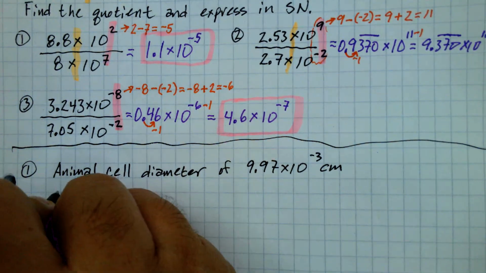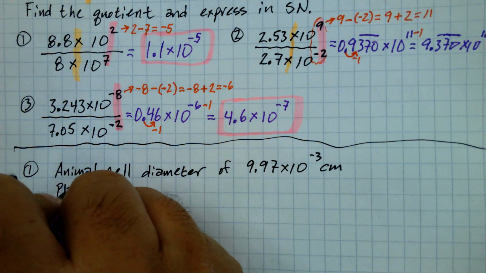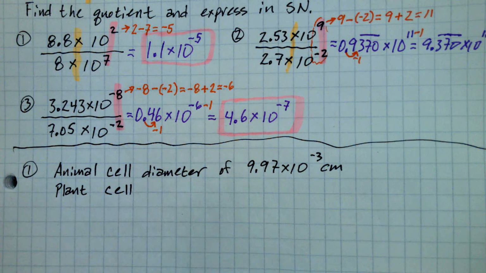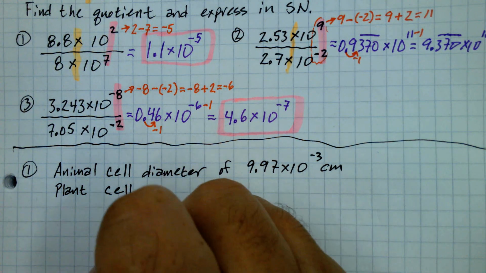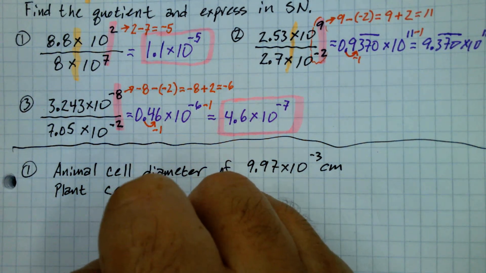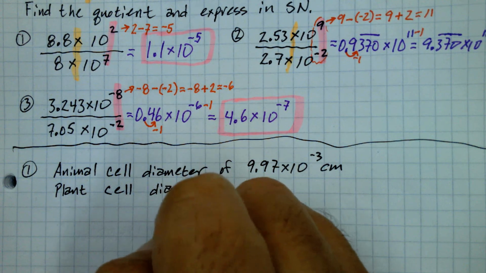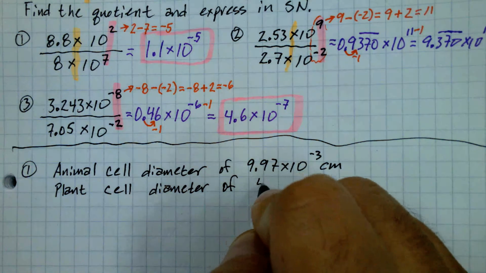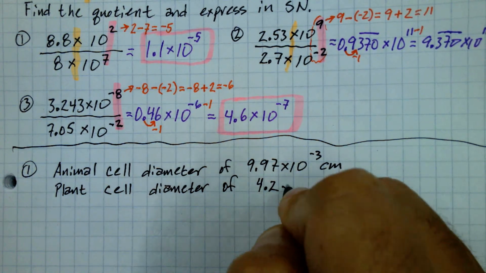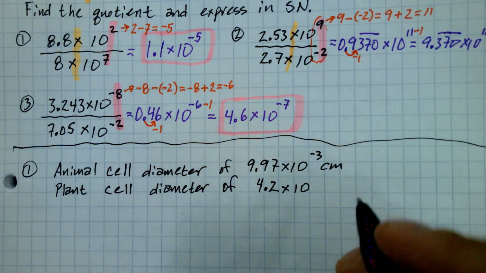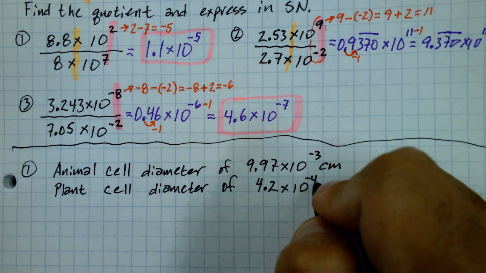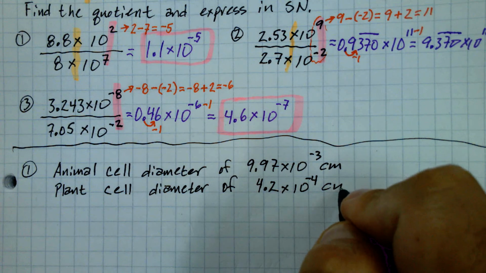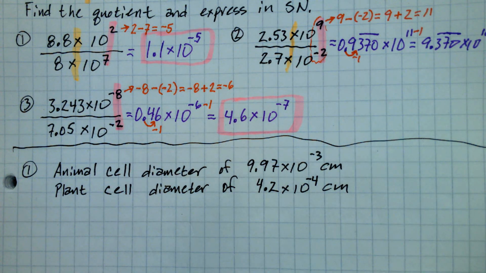Then we're going to compare it to a plant cell. And it has a diameter of 4.2 times 10 to the negative 4, which is actually smaller, centimeters. Okay, so I'll let you write those numbers down.